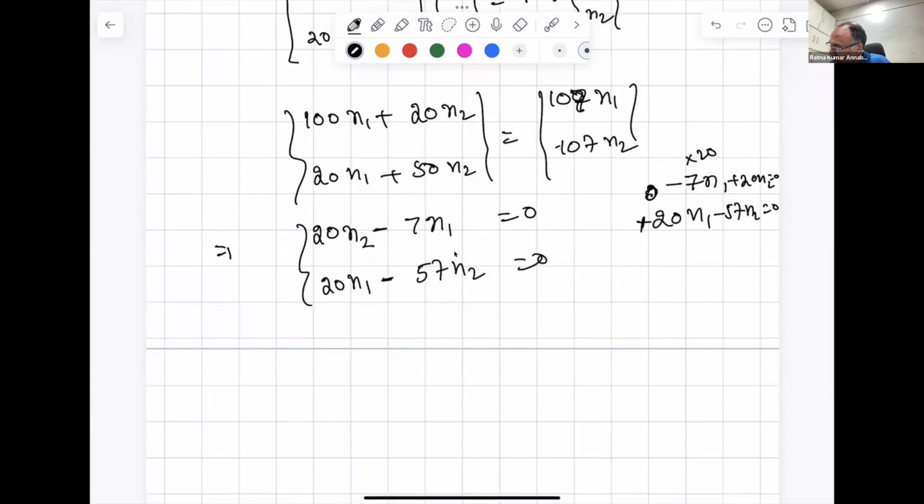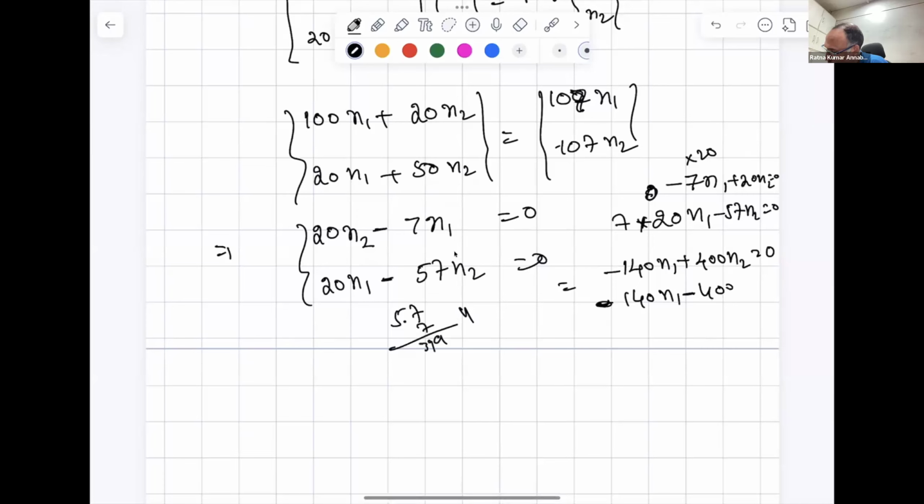Multiplying by 20 and by 7, I get minus 140 N1 plus 400 N2 is equal to 0, plus 140 N1 minus 57 into 7, how much? 399. That is about 400 N2. You will not be able to solve. You will get 0 only.